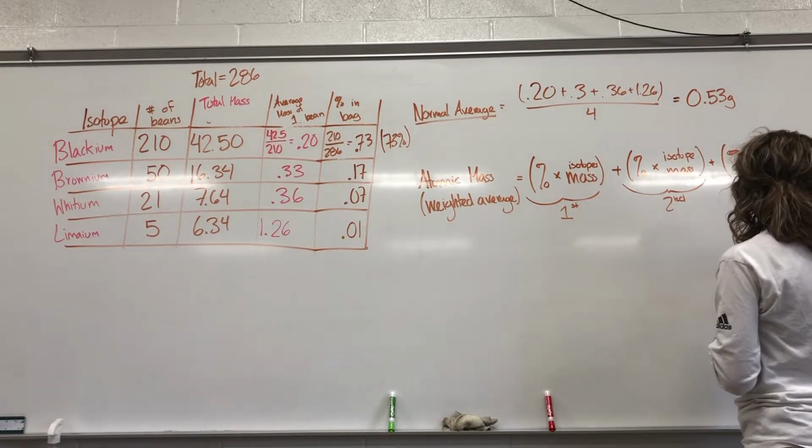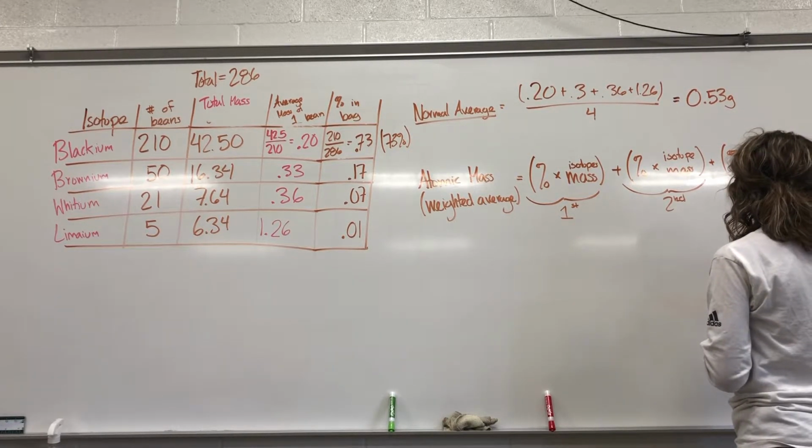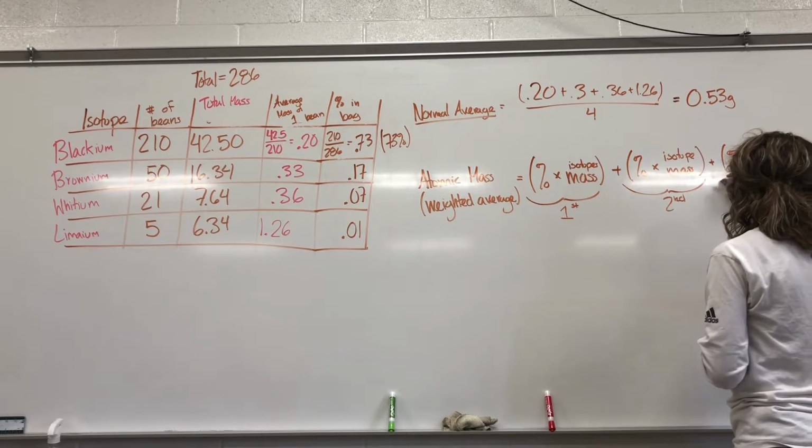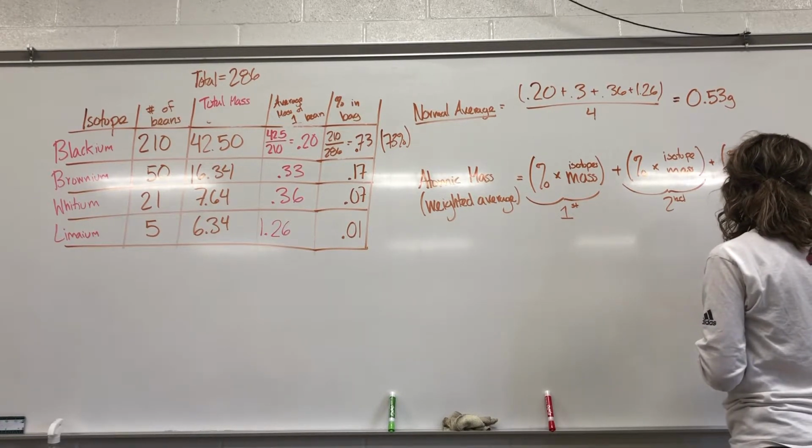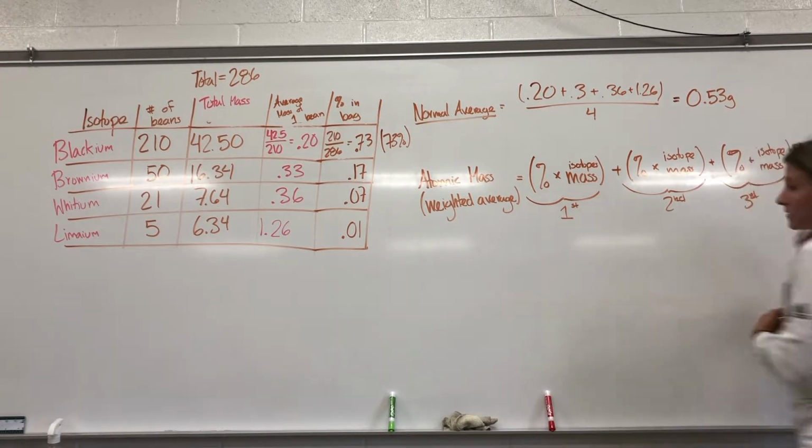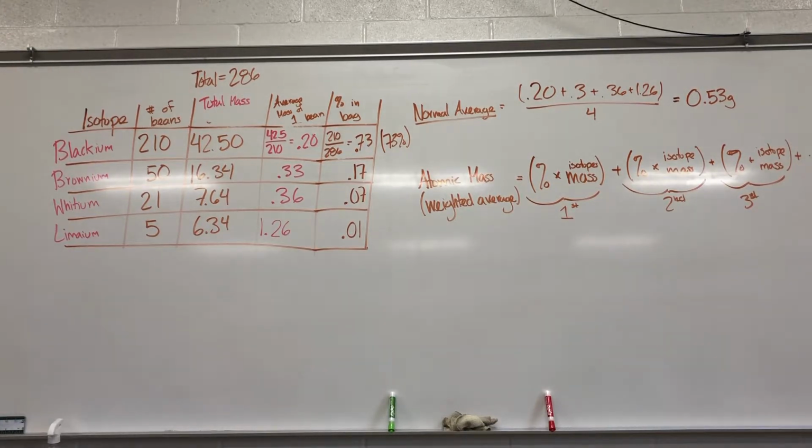And you have to continue until you've done all the isotopes it has. So percent times mass, percent times mass, percent times mass. Add them together, and that would be your weighted average.